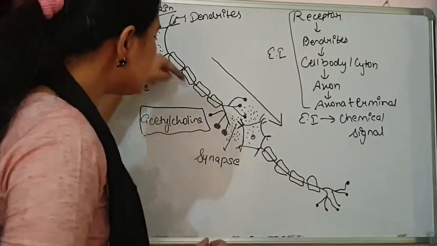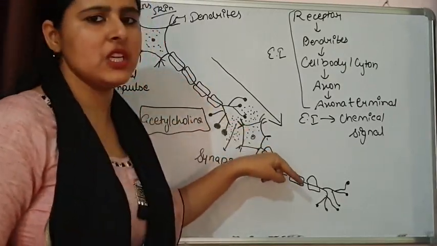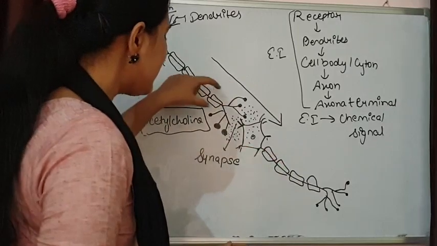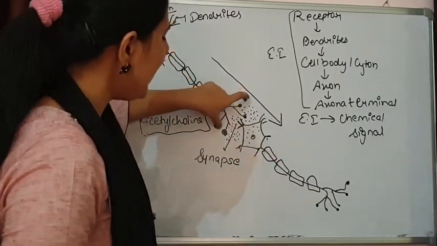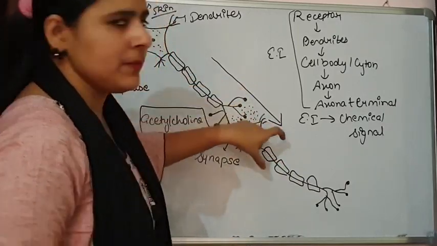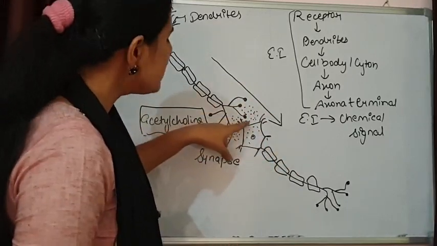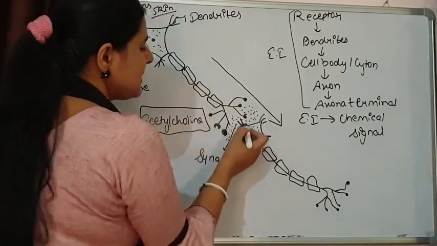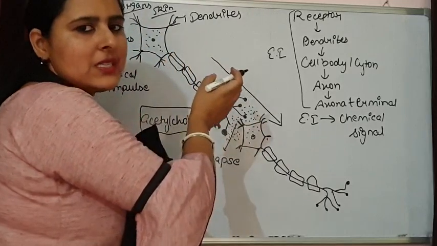And there is only one direction of the secretion of acetylcholine, that is from the axonal end to the synapse. The dendrites do not release acetylcholine in the reverse direction.